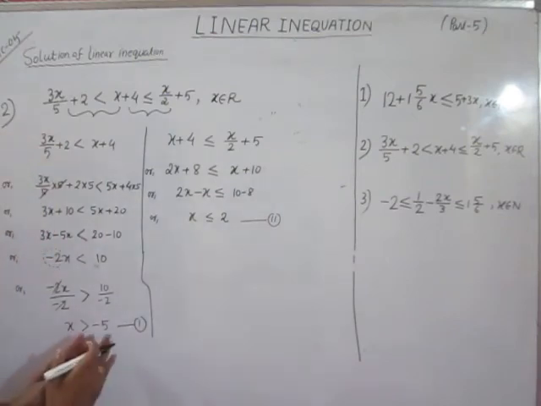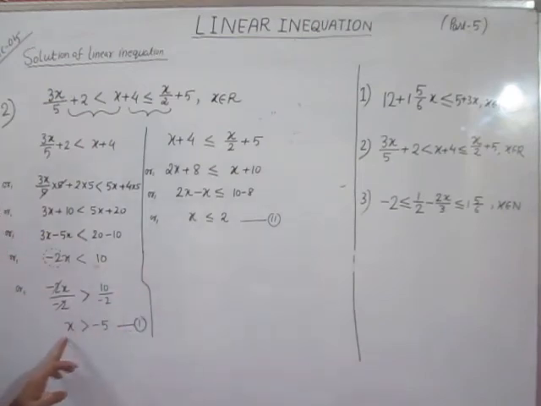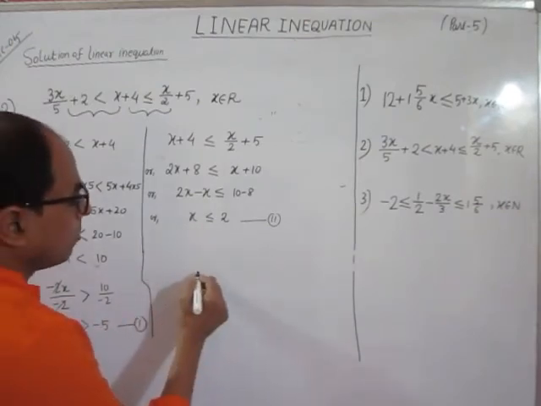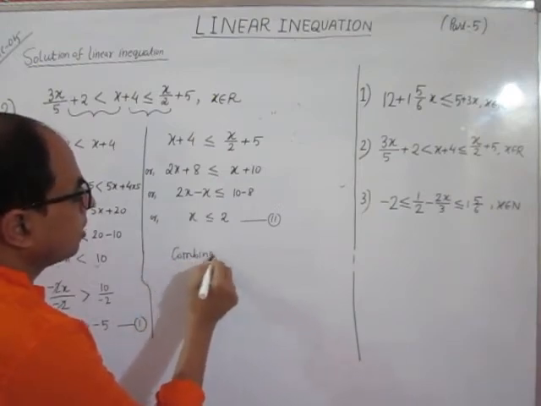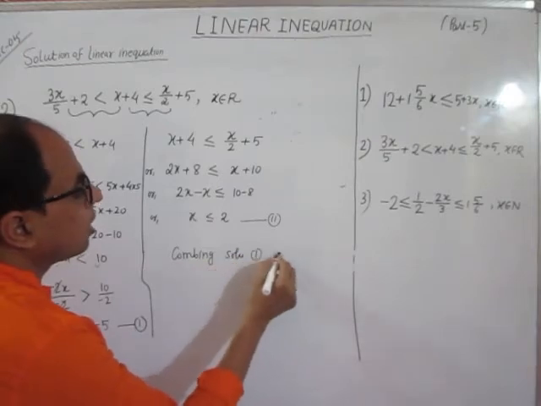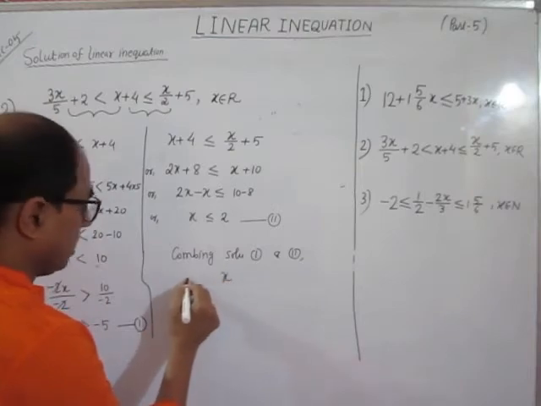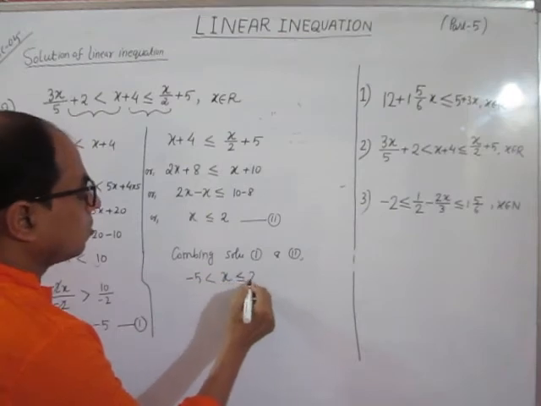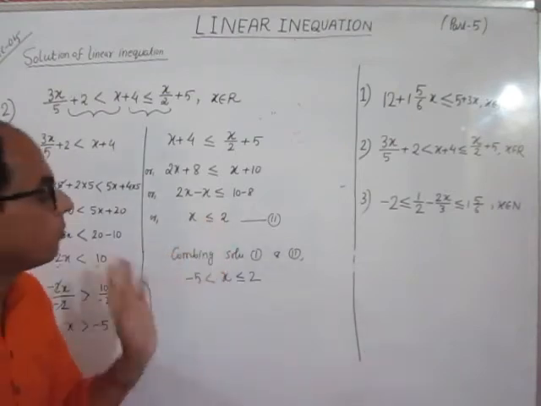Now we have to take the common solution of these two. Equation 1 is saying that x should be greater than minus 5, and equation 2 is saying that x should be less than or equal to 2. That means combining solutions 1 and 2, it will be x greater than minus 5 and less than or equal to 2. x is greater than minus 5 and less than or equal to 2.